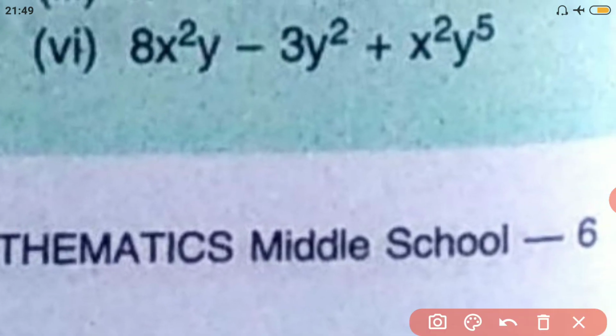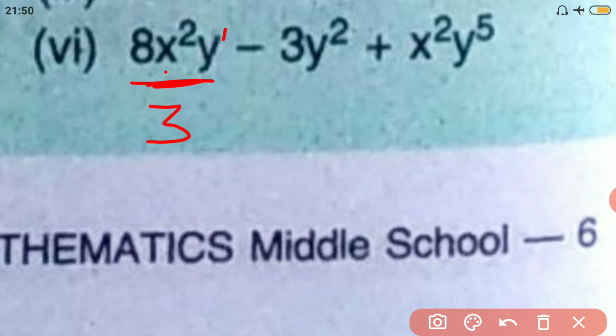Till number 5, all the questions had only one variable, so they were polynomials in one variable. Right now we can see there are two types of variables here, x and y. So in this case, what is the first term having the highest power? So x is having 2. If there is no power, y will have 1. So this 2 plus 1 will give me 3.